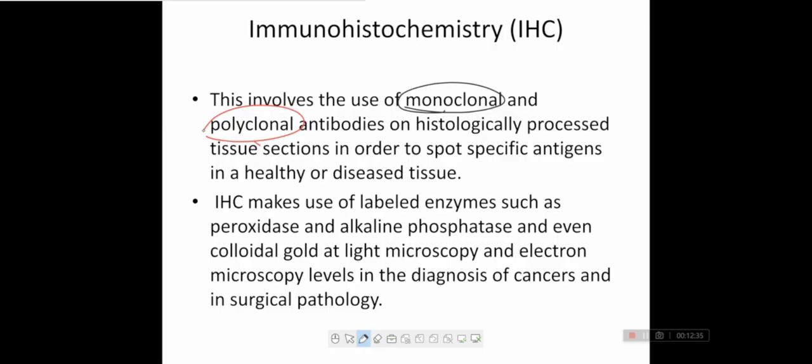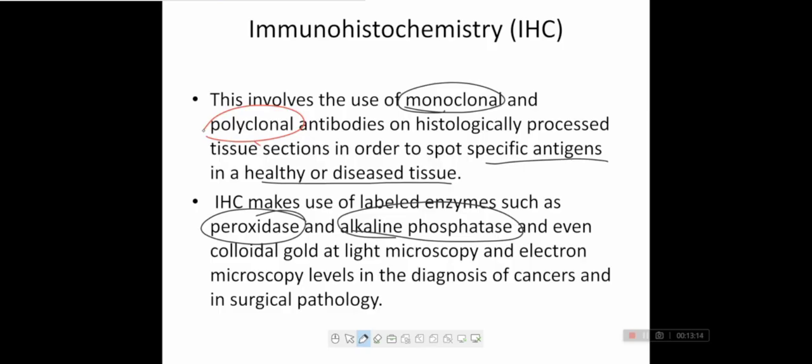This involves the use of monoclonal and polyclonal antibodies on histologically processed tissue sections in order to spot specific antigens in healthy or diseased tissue. Immunohistochemistry makes use of labeled enzymes such as peroxidase and alkaline phosphatase, and even colloidal gold at the light microscopy and electron microscopy level in the diagnosis of cancer and surgical pathology.